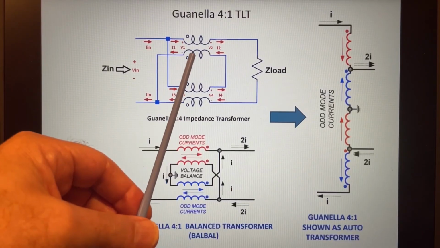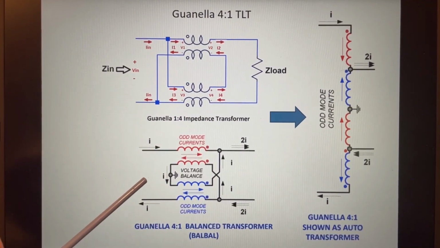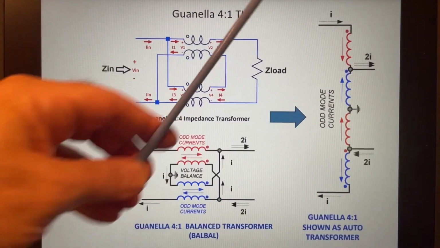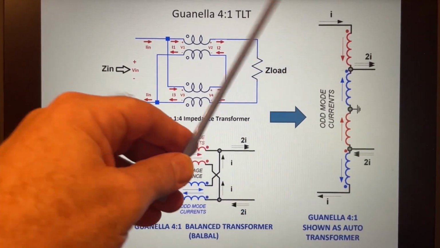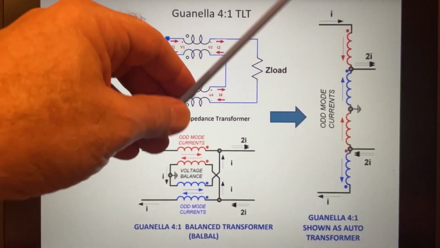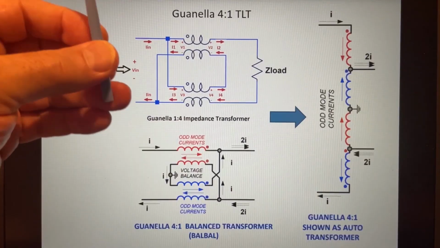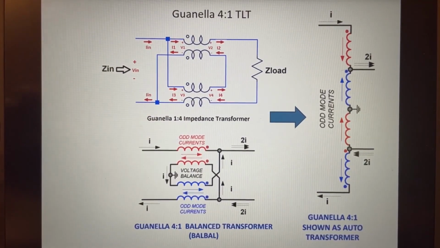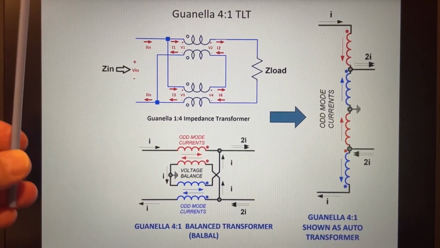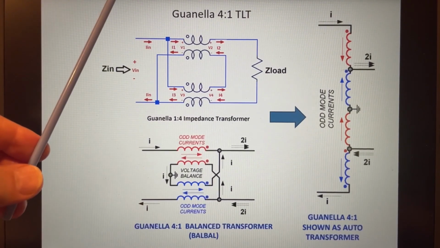Very difficult to really grasp what's happening when you look at schematic drawings like this. Here, it's drawn as an auto transformer, which is a special type of auto transformer because there's no isolation between these windings. And as I said, you can see we have odd mode currents and even mode voltages. So we're going to take a closer look.